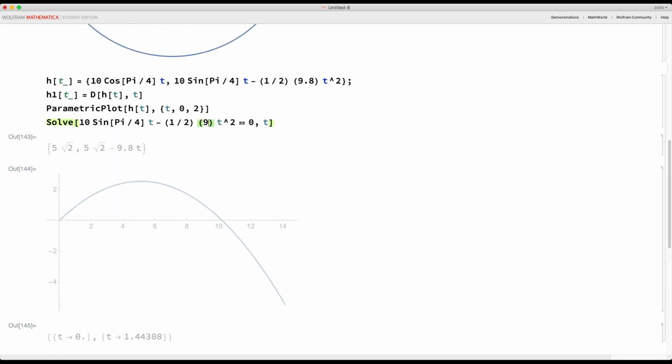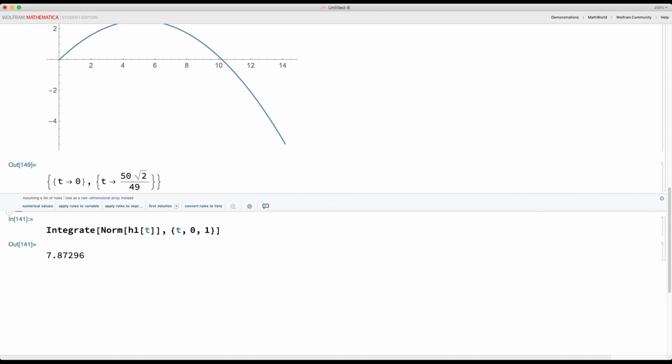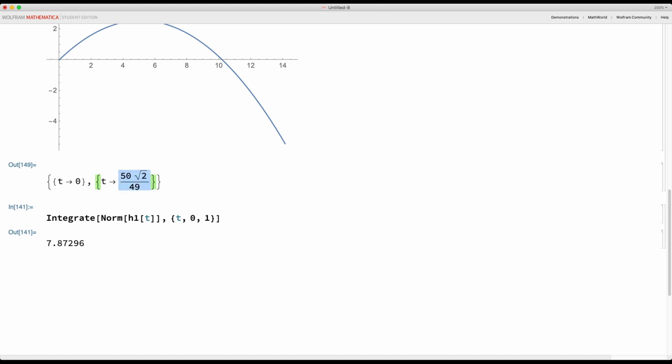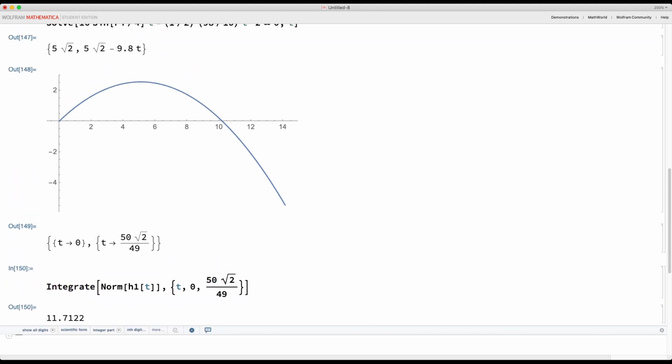The other thing I'm going to do is, like before, okay, it was 50 root 2 over 49, and so that is the t value for when I land. And so if I integrate the norm of h of t, or h1 of t, excuse me, the norm of the derivative, from 0 to t equals 50 root 2 over 49, what have I computed?